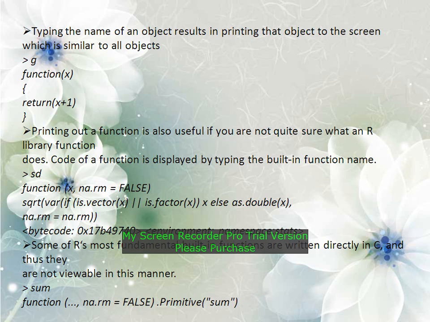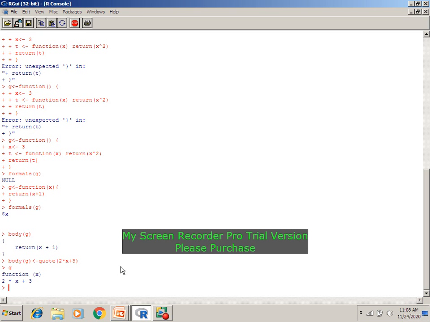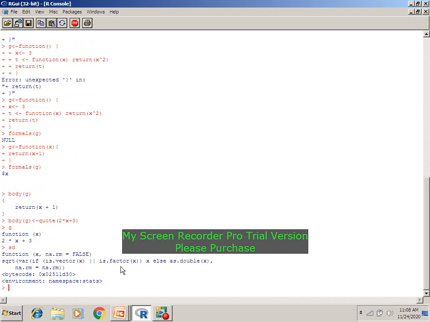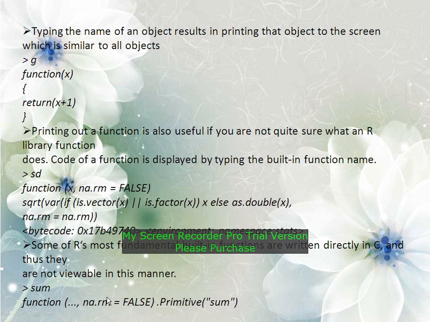So here you can see the xd function format by using the xd command. So we can implement what is the command. So function x, that is the structure with set of arguments, and next square root or is factor etc. This is an example format. So this is displaying the structure of the function.